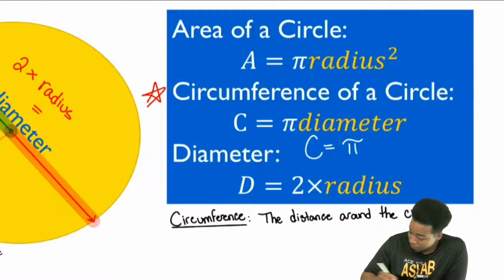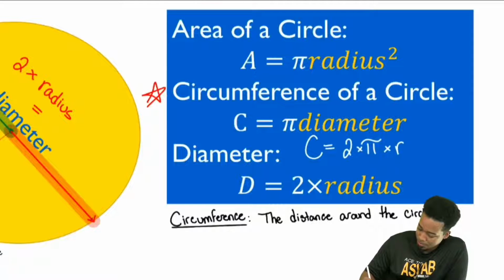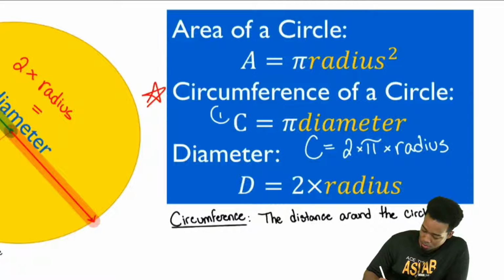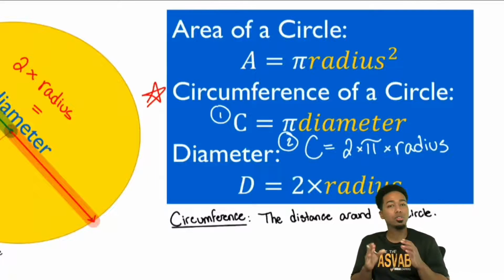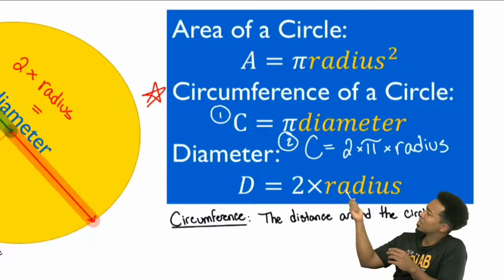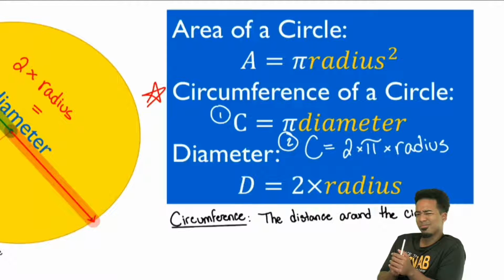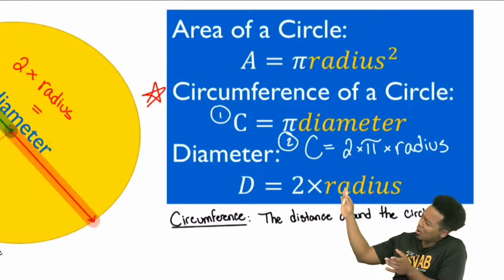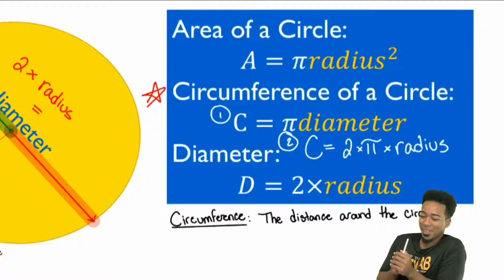And let me go ahead and fix that. 2 times pi times the radius. So there are two formulas for circumference, but I want you to notice something there. One just says pi times diameter, and the other one says 2 times pi times radius. Hold that thought. We'll come back to that in a bit.